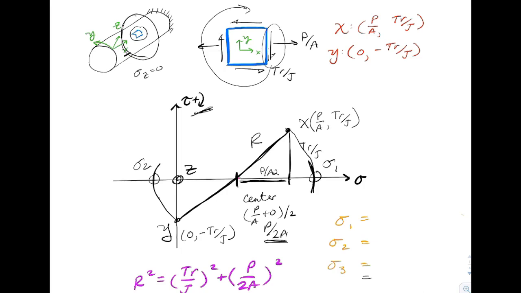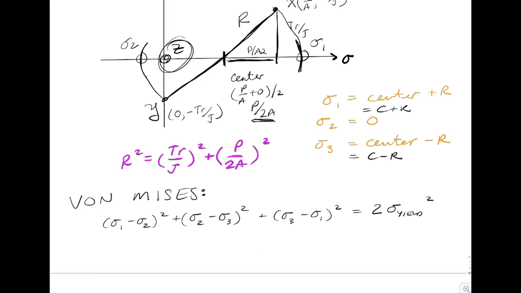So with that, we know that sigma 1 is going to be the center plus r. Sigma 2 is going to be equal to 0. That's the next principal stress. And then sigma 3 would be the center minus r. I'm going to use C minus r in our derivation. We'll work through the von Mises criterion, and so you see the formula there. It's the difference in all the principal stresses.